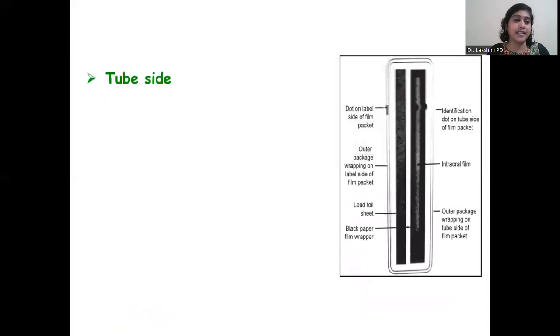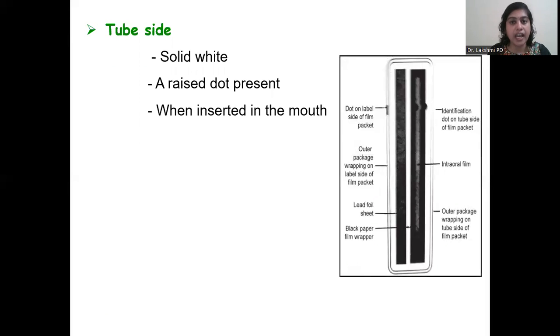The tube side, as the name indicates, is the side which is directed towards your X-ray tube. Now, it is usually solid white in color, and you will be able to see a small raised dot on one side of this outer plastic wrapper. This dot is also called your orientation dot or your occlusal dot. The reason for such a name is that this dot helps you in orienting the position of the X-ray film in the patient's mouth.